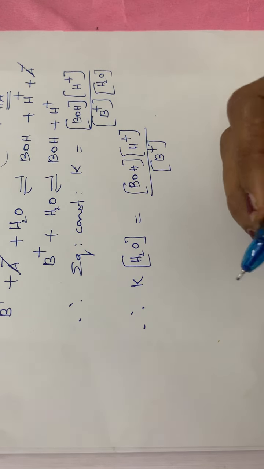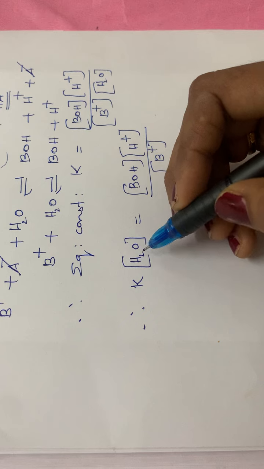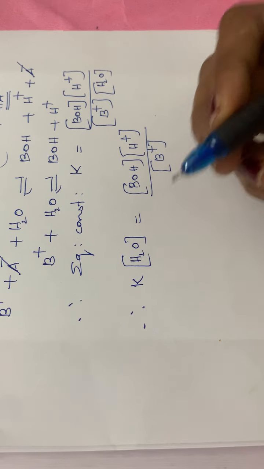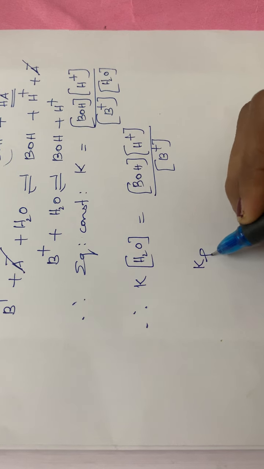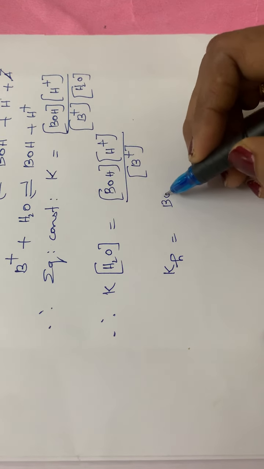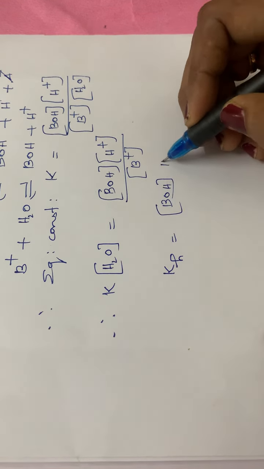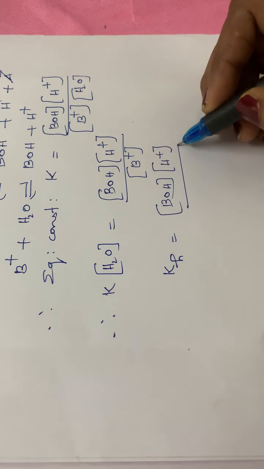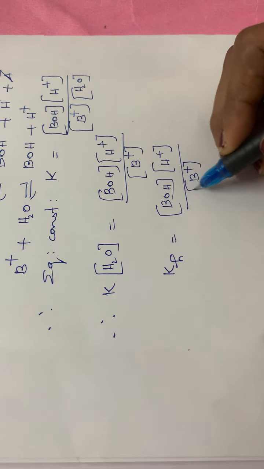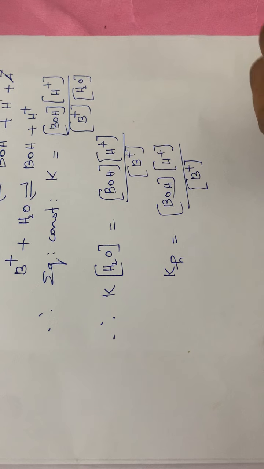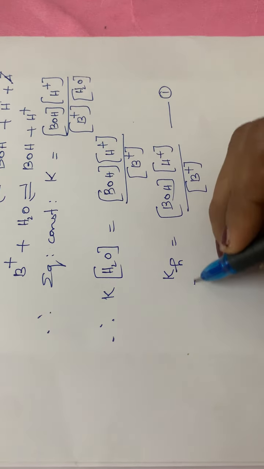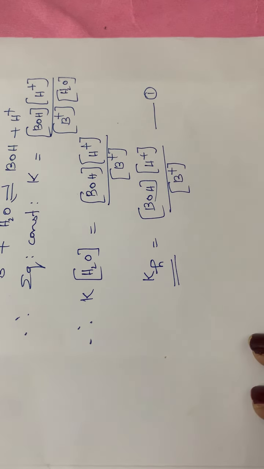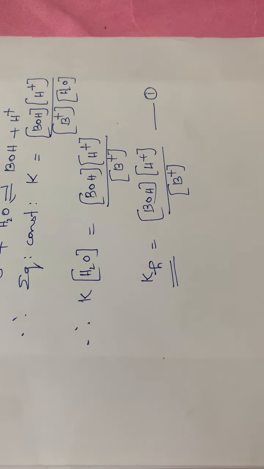If two constants are multiplied, we get another constant. So we can write it as KH. KH is equal to the concentration of BOH into the concentration of H plus divided by the concentration of B plus. Let us put this as equation number 1.